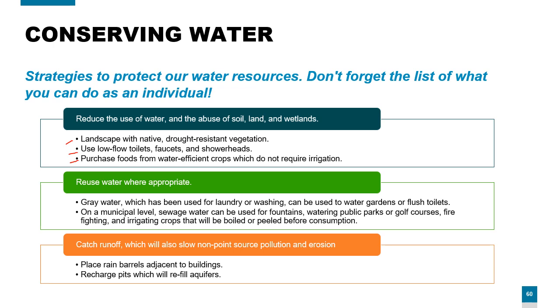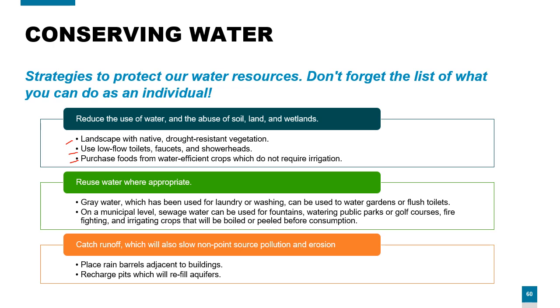Purchase food from water-efficient crops which do not require irrigation. So, that is true. Of course, sa ating urban gardening, sa backyard gardening, hindi naman natin kailangan ng irrigation, siyempre. Maaari tayong gumamit ng mga used water, yung mga nagamit natin ng tubig para at least pandilig sa mga halaman, di ba?